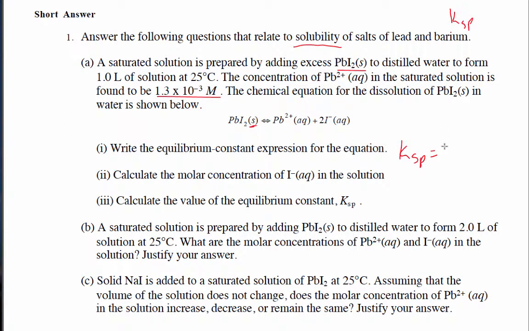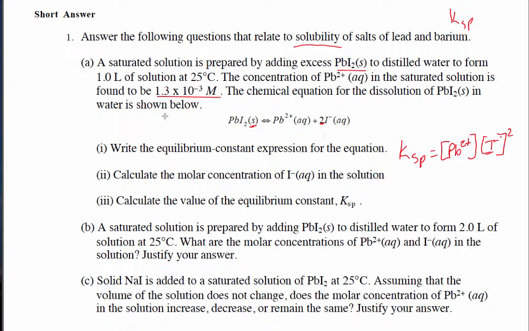I have the concentration of my lead 2 ion times the concentration of my iodide ion. Oops, that's a negative sign. And that's going to be squared. Why squared? Because I have a coefficient of 2 in my equation. So that being done, that's one solid point.